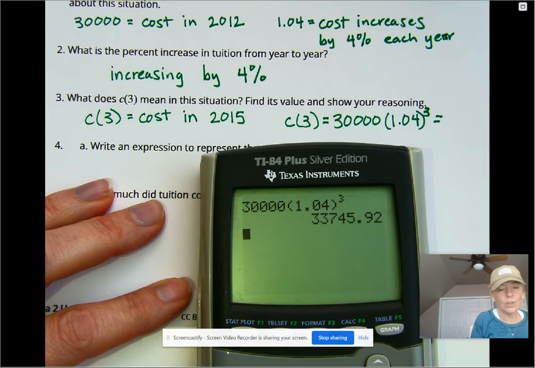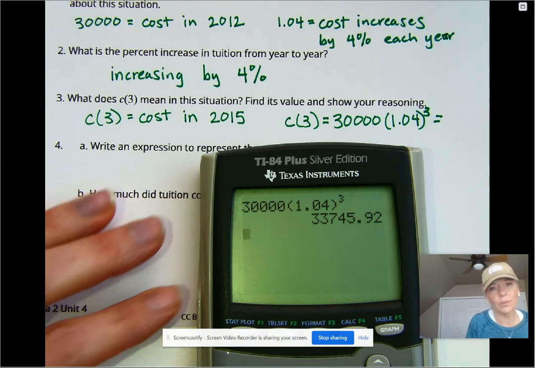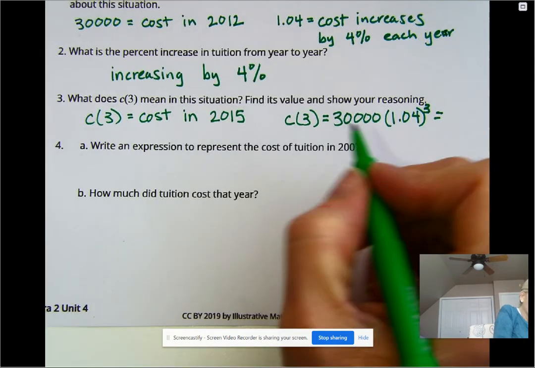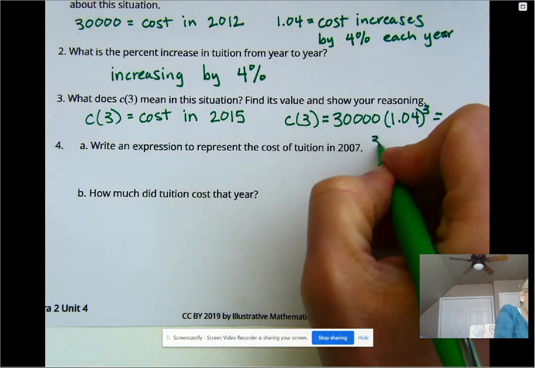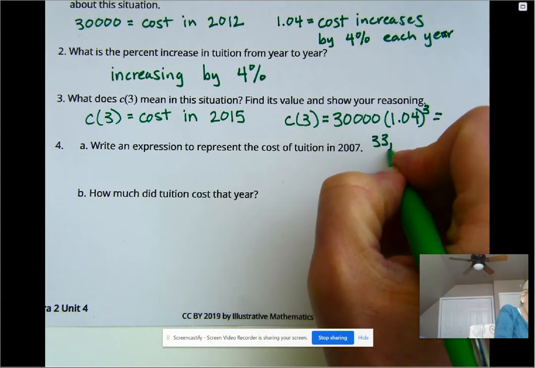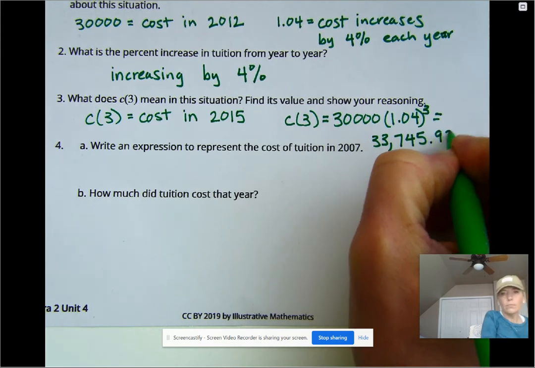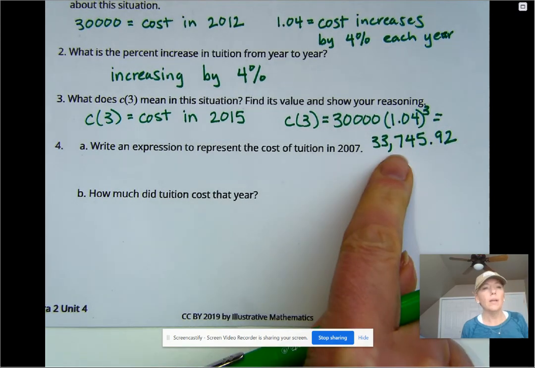Looks like about $33,745.92. But you get the idea. 33,745.92 is the actual cost, okay?